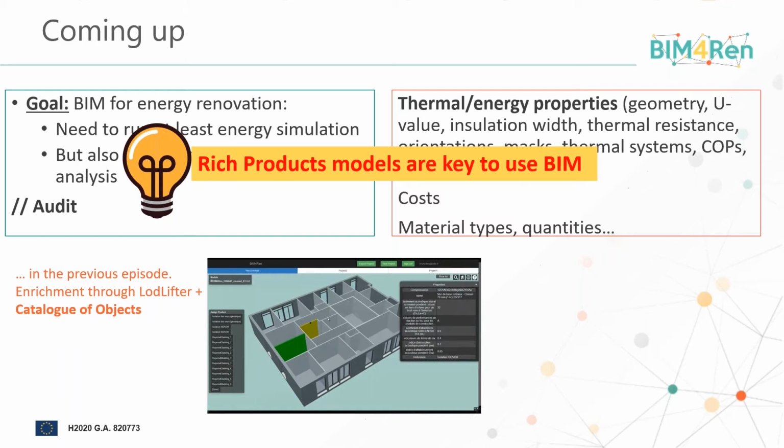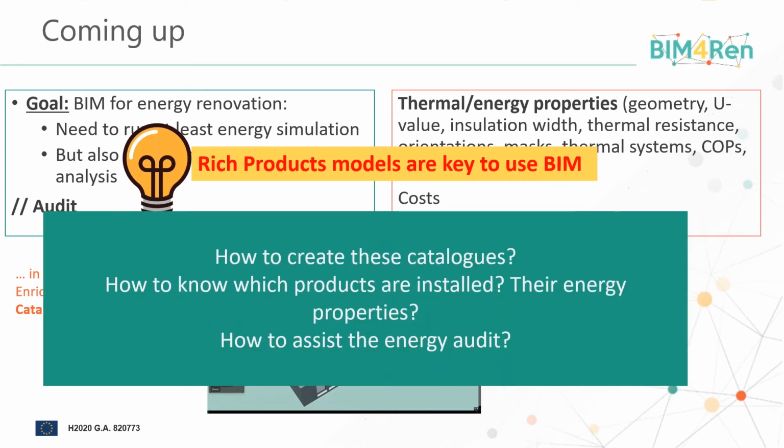So now, we have some tools already, but it's not that easy to know how we can create those catalogs, because often products are not already digitized. And also you can collect information not just from these catalogs, but from other sources.